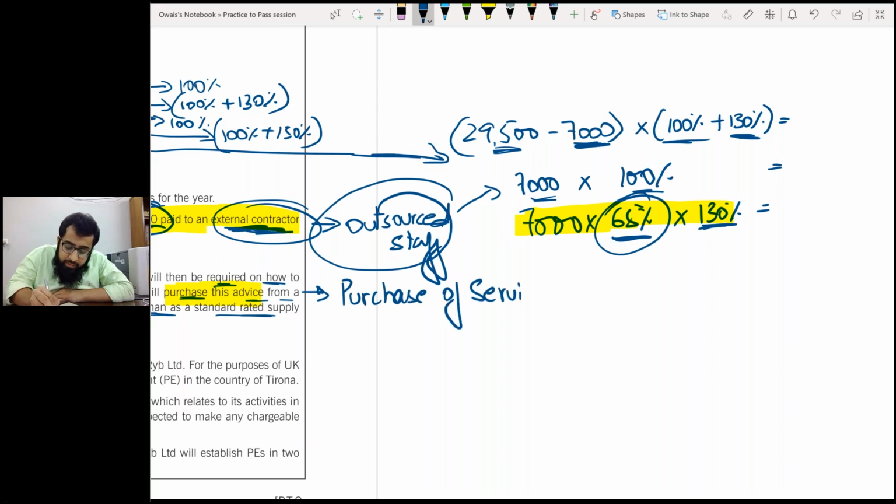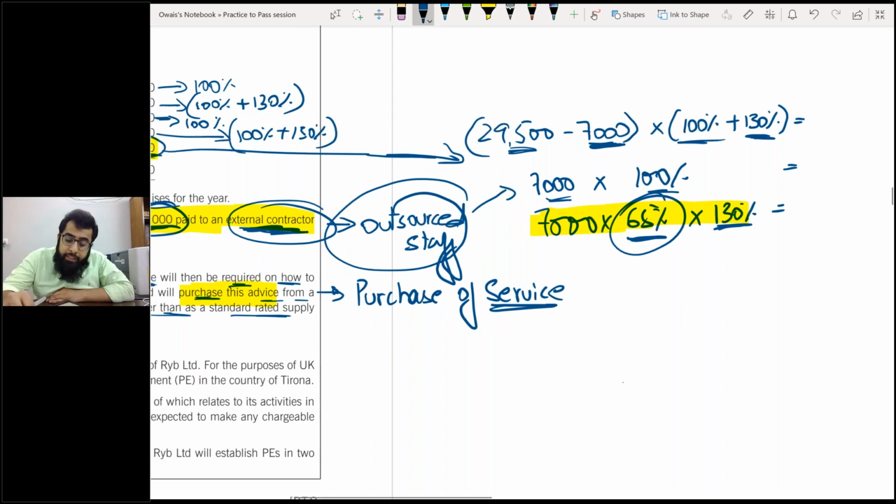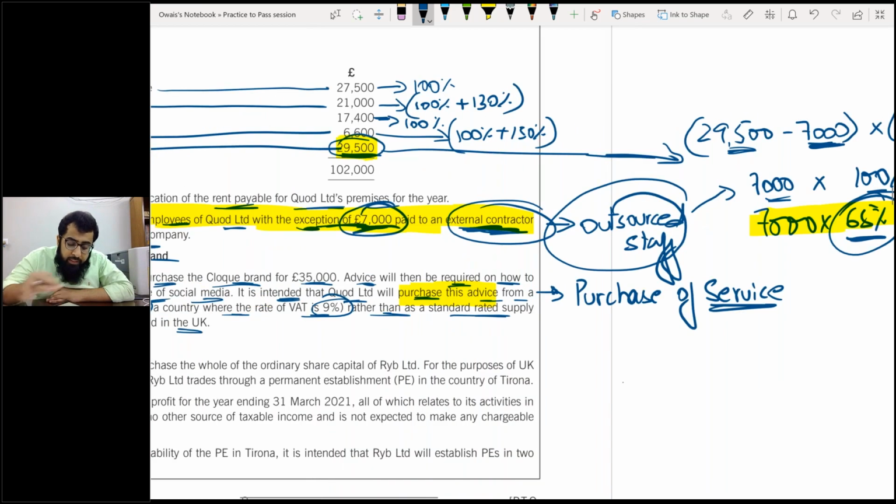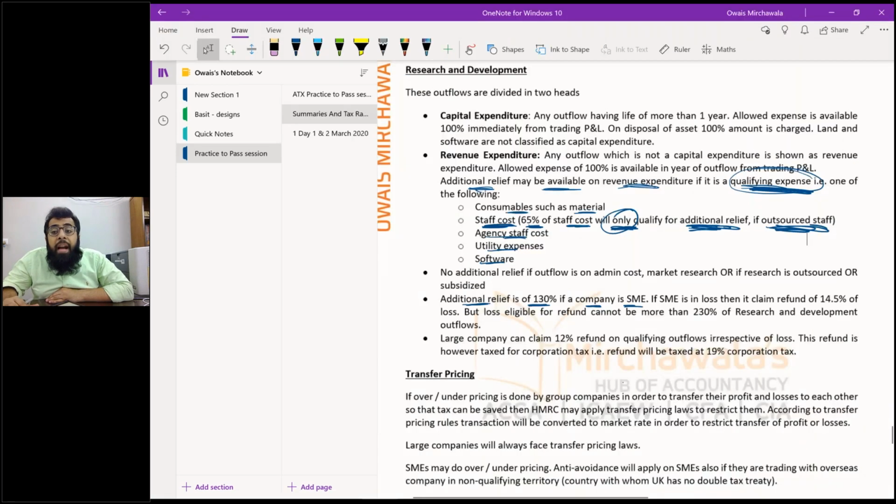Purchase of service. If we purchase a service, what are the rules of overseas VAT? When you purchase a service, the rule of overseas VAT is that we look at whether the customer is VAT registered or not.